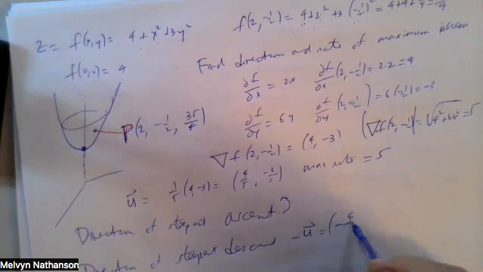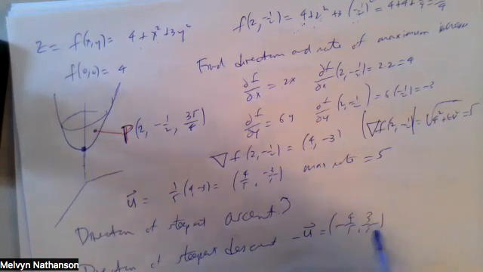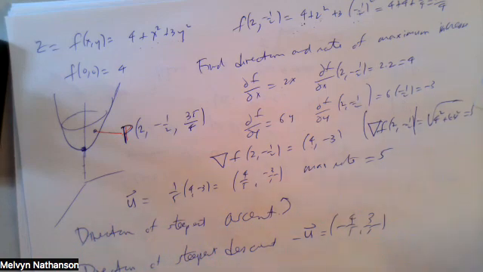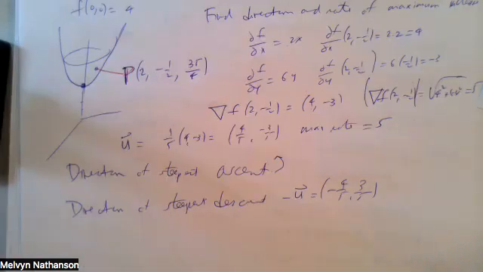So that's (minus 4/5, plus 3/5). Let me just pause for a second. Any questions about this? This is really fundamental for us.